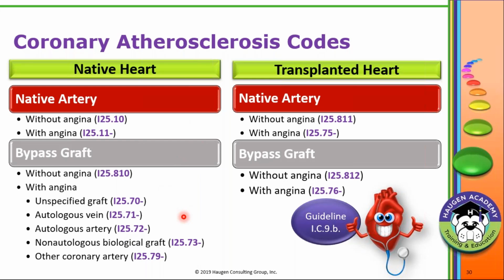What kind of a graft was it? Was it an autologous vein, autologous artery, non-autologous biological graft, or something else? And then for the transplanted heart, native artery versus bypass graft. And again, your codes are going to be specific here with angina and then the type of angina.